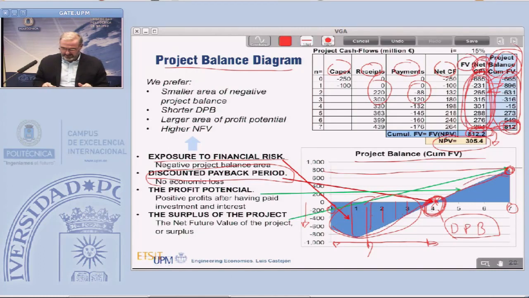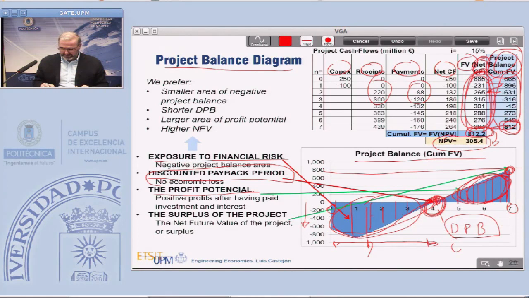And also we see here in the positive area of the chart the profit potential. Those are additional profits that you are earning from your investment beyond the cost of capital. So at the discounted payback period, you have got the interest rate.